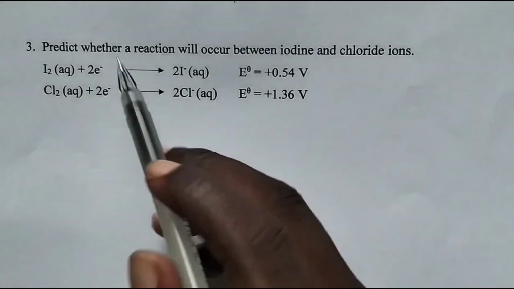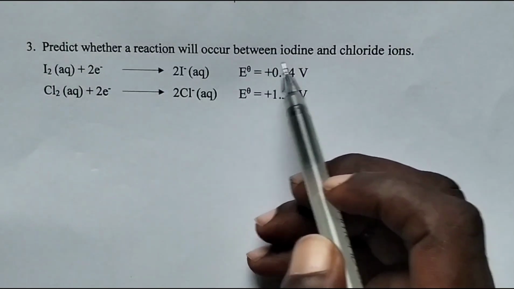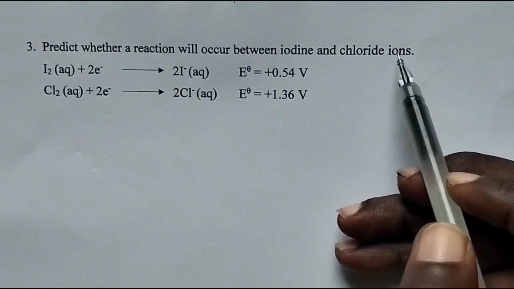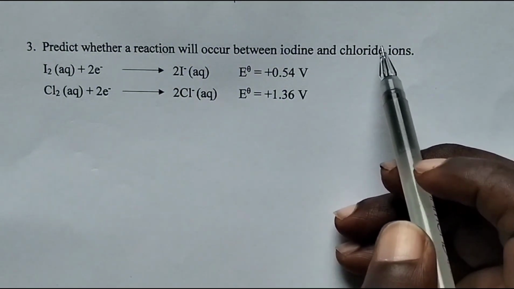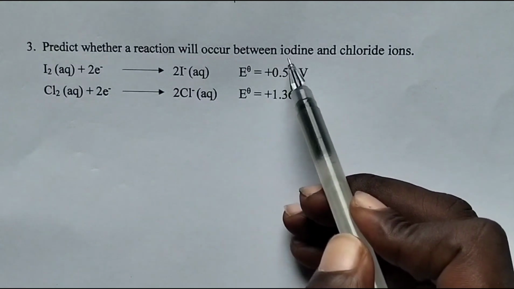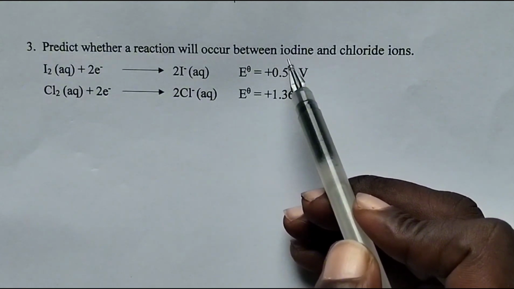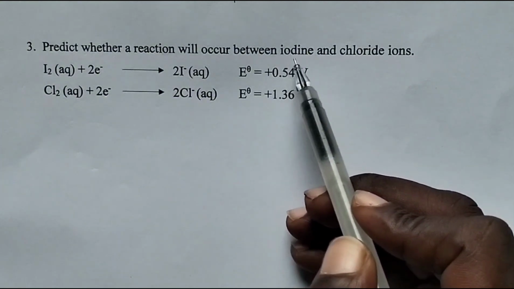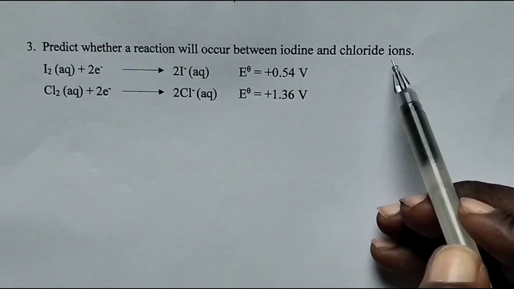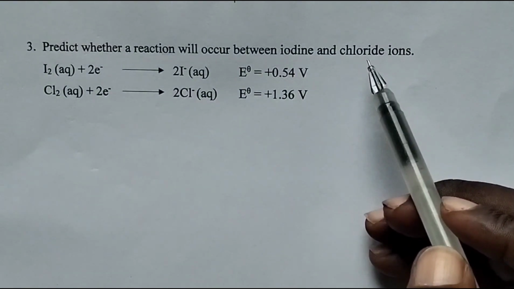So number 3, we are told to predict whether a reaction will occur between iodine and chloride ions. So here we have iodine as the oxidizing agent and chloride ions as the reducing agent.